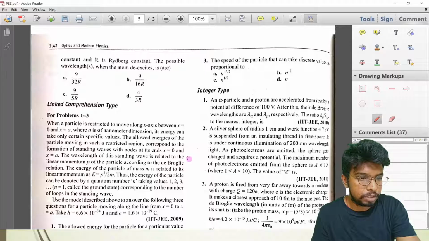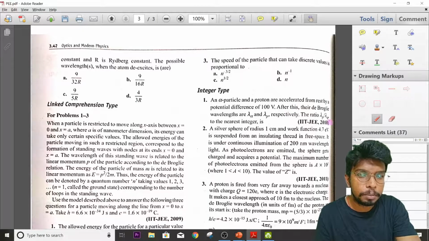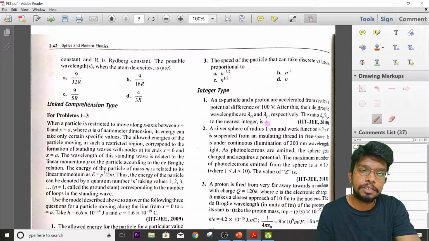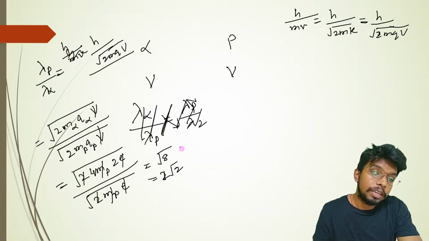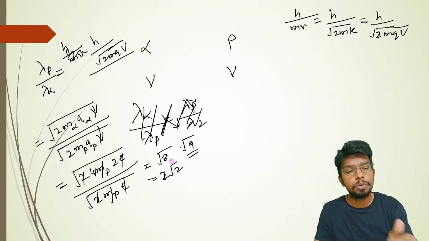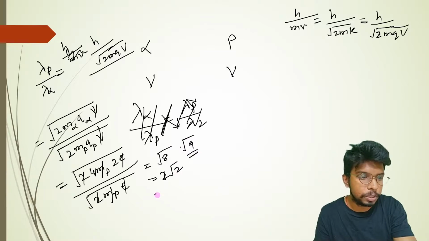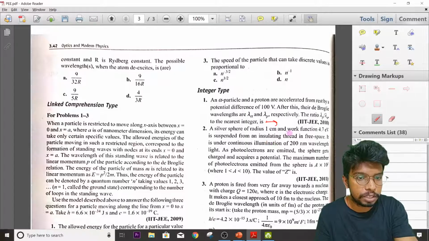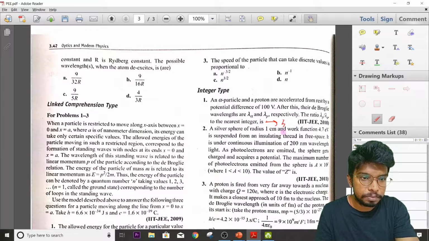The question is asking the ratio lambda p by lambda alpha to the nearest integer. Root 9 is 3, and 2 root 2 means root 8. That means we are very close to that, so it should be equivalent to 3. So the result should come out to be 3.